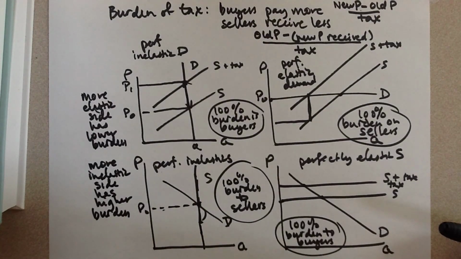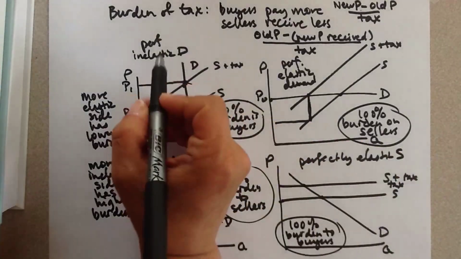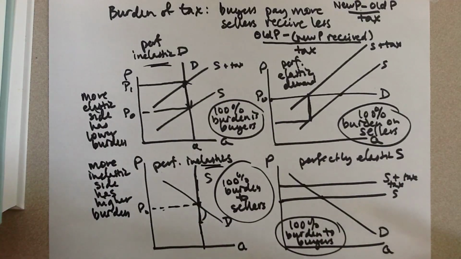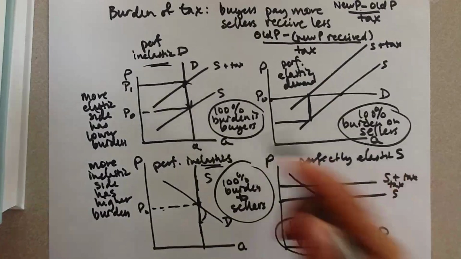People don't like taxes. They don't want to pay higher prices, and so they will try to avoid the tax if they can. So what these patterns are saying is if you have inelastic demand, inelastic supply, you can't avoid it. You're stuck demanding this quantity or supplying this quantity.